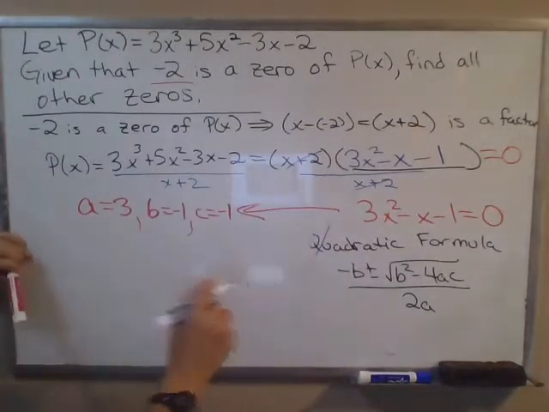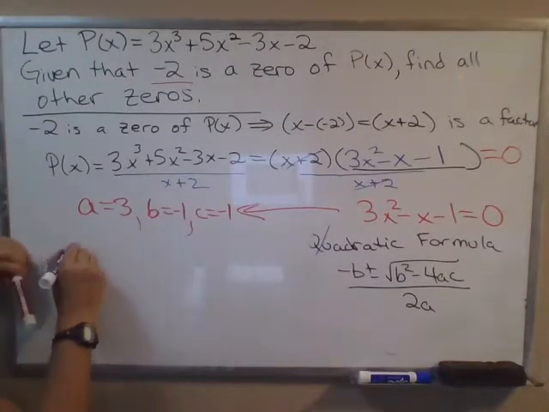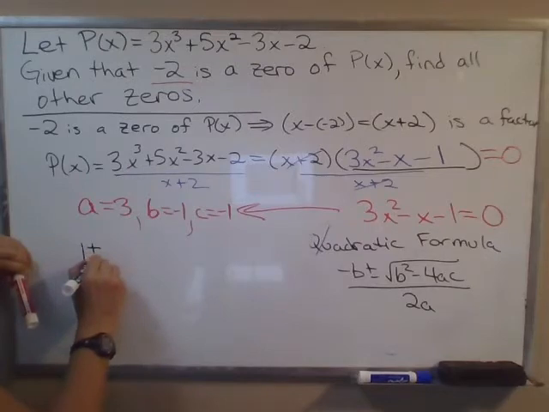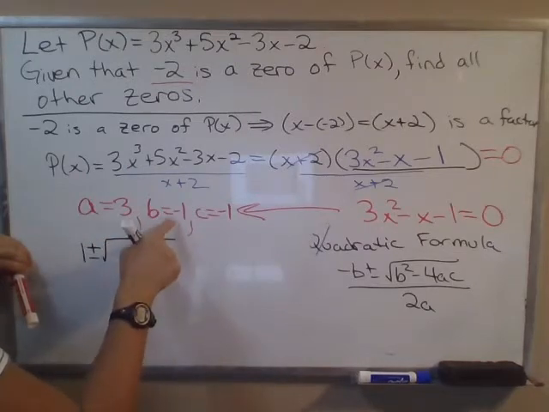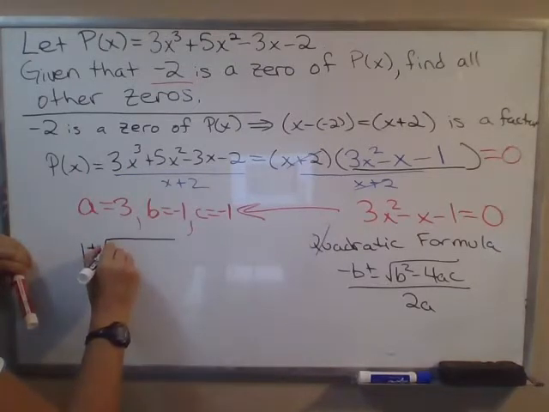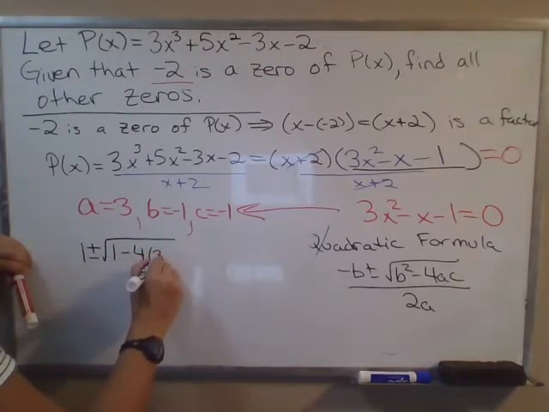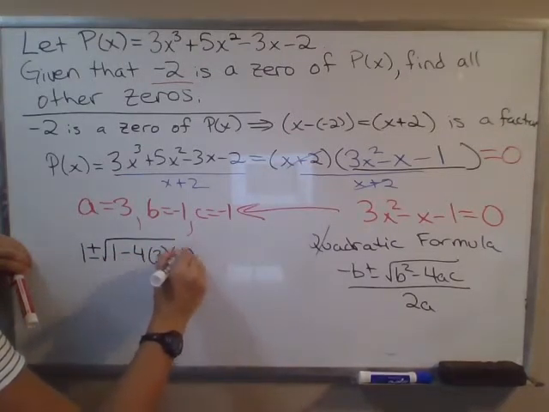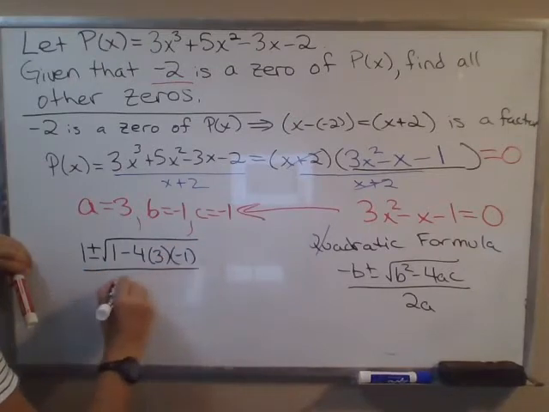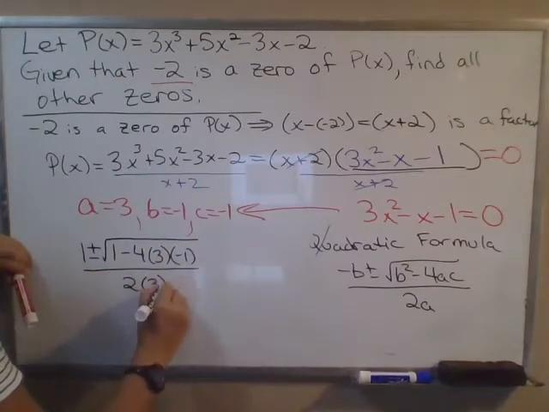So if you apply the quadratic formula, it's opposite of b, so that'd be +1, plus or minus the square root of b squared, so that would be +1, minus 4 times a times c, all divided by 2 times a.